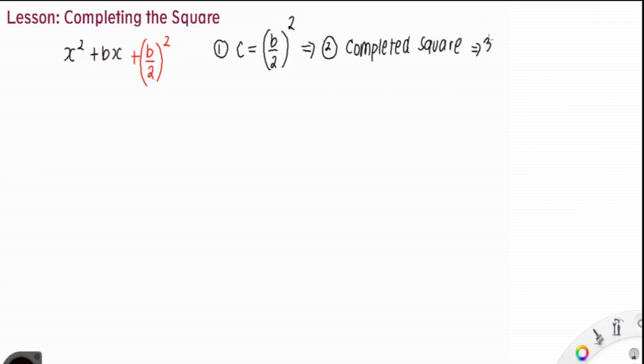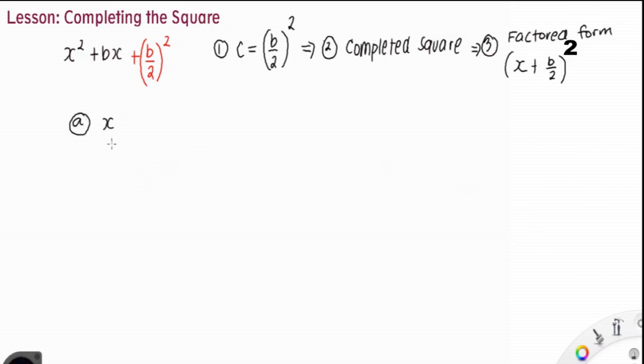For the third step, or the last step, we need to get the factored form of a given expression. This is the pattern, x plus b over 2 quantity squared. So that is the factored form.